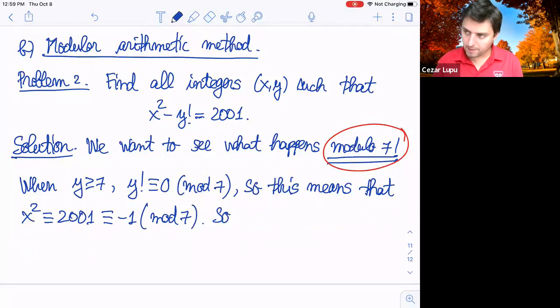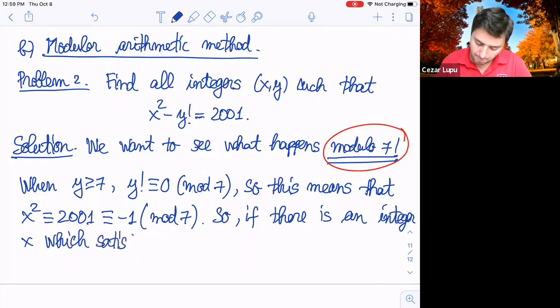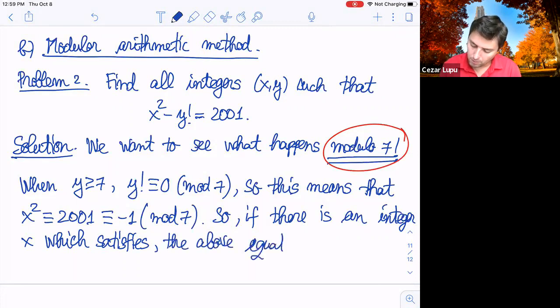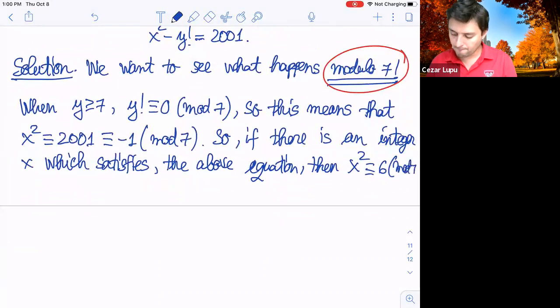If there is an integer x which satisfies the above equation, then clearly x squared is 6 mod 7. And now let's analyze everything.